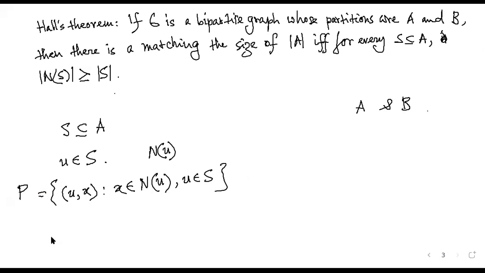So clearly the cardinality of P is greater than or equal to 10 times the cardinality of S. The degree of every vertex is 10.